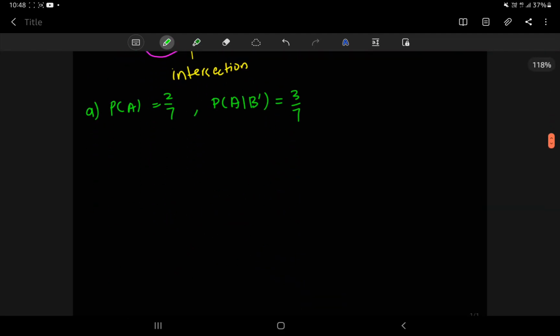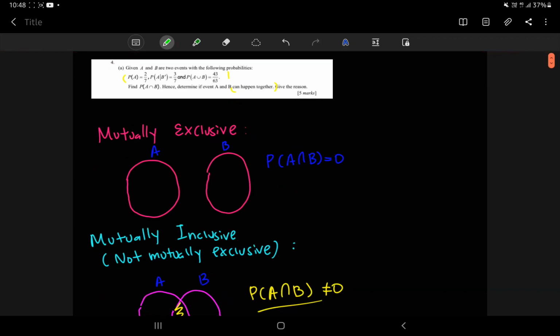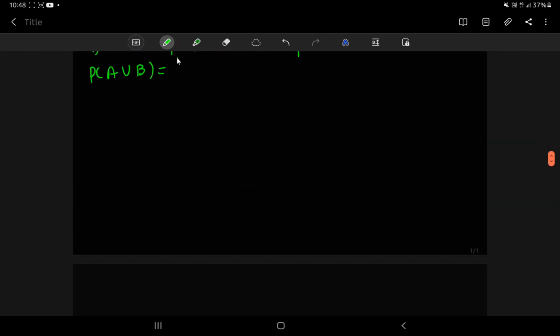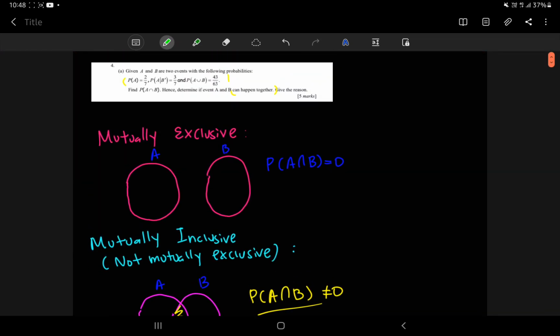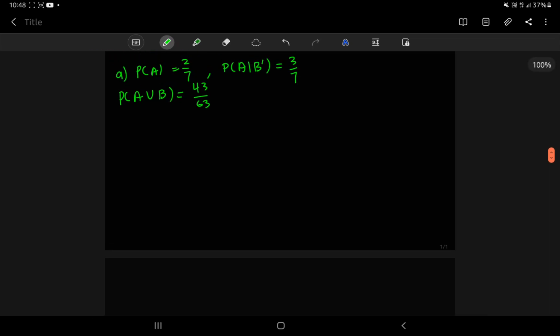The probability of A union B is 43/63. We need to find the probability of A intersection B.